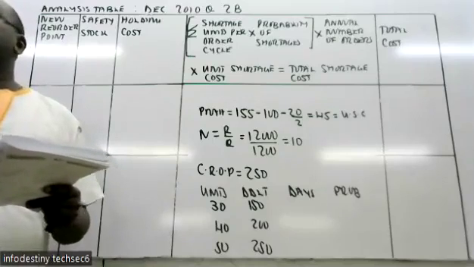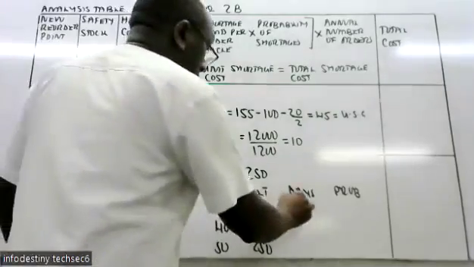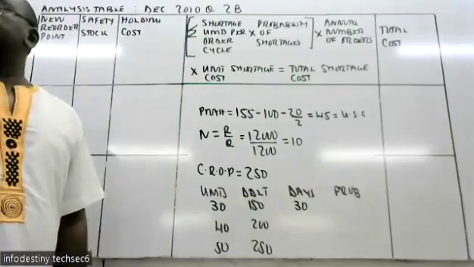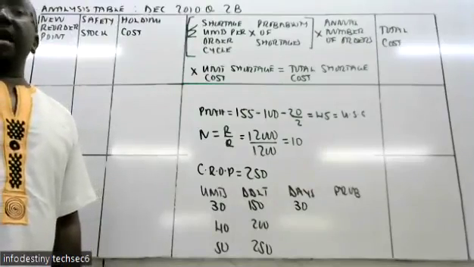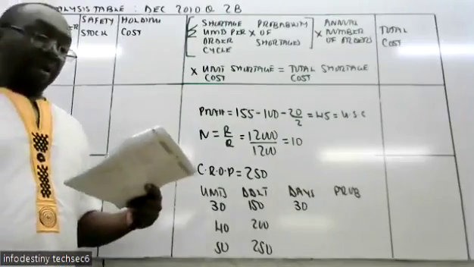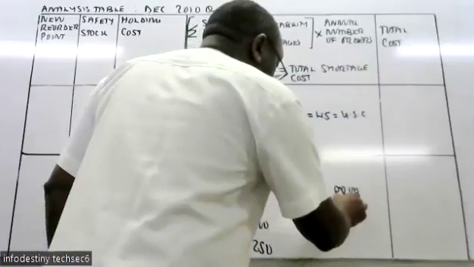The total is 130. So in getting the probabilities, you will say 30 divided by 130.